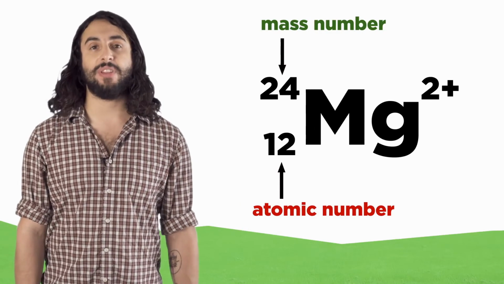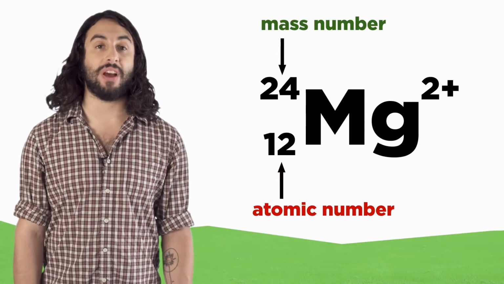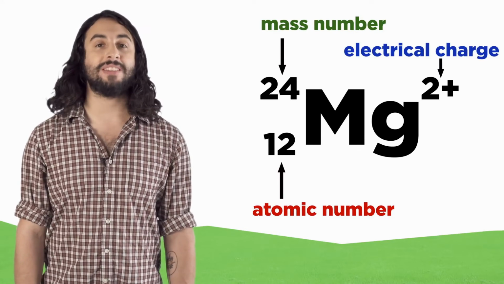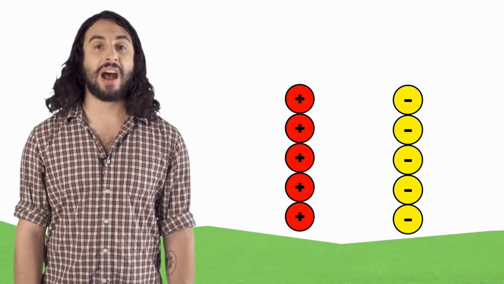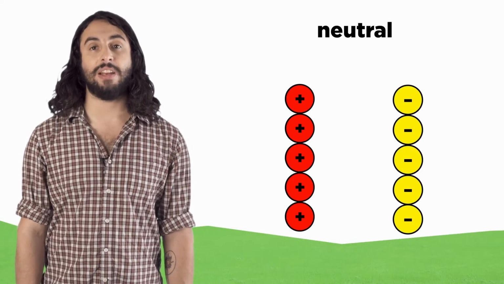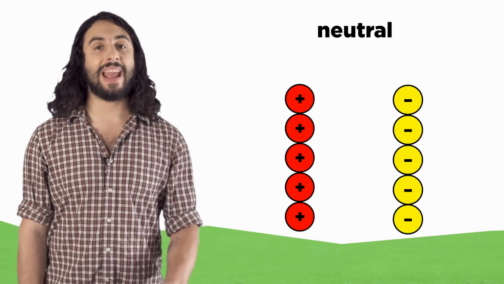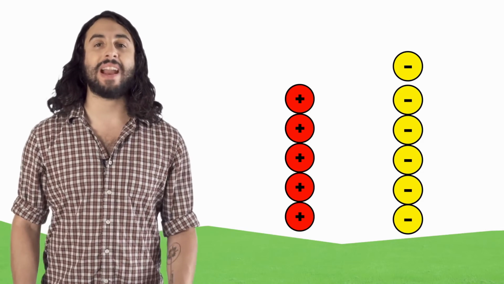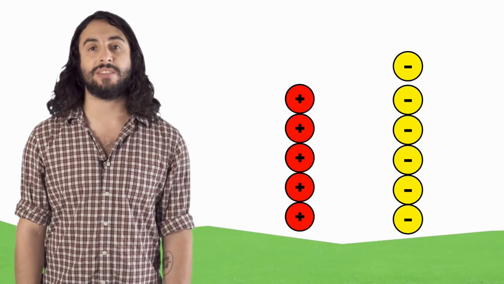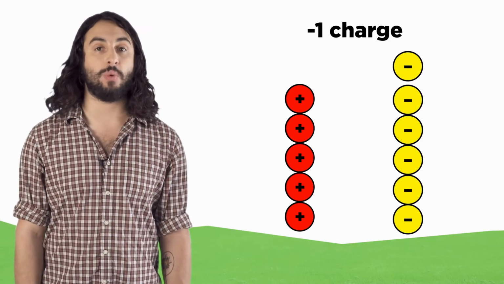And to the upper right, if the atom is an ion, meaning a particle with electrical charge, the charge will be listed here. If the number of protons and electrons in an atom are the same, the positive and negative charges cancel out and it will be a neutral atom. But if it gains an electron, there will be 1 more negatively charged electron than there are protons, so the atom will have an overall -1 charge.